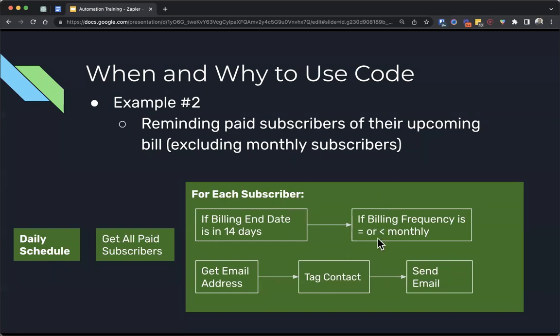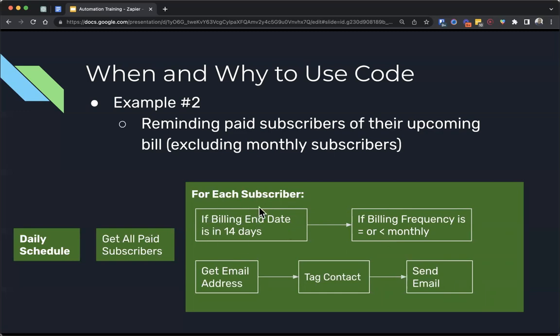Apologize, there's a little mistake there. Technically, the frequency is lower than monthly, because it's less frequent. So the frequency is equal or less than monthly, as I said earlier: semi-annual, quarterly, annual, etc.